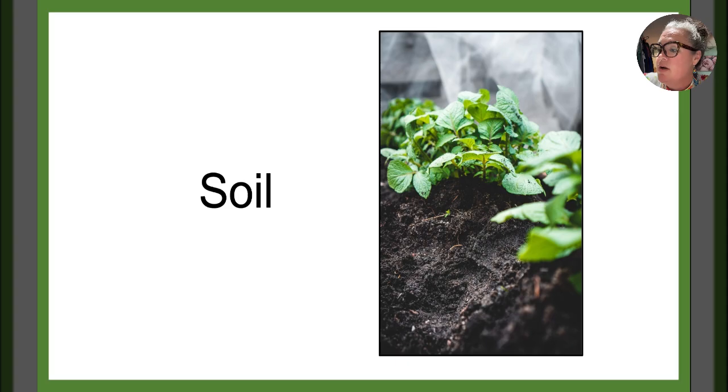Soil formation and composition. Soil is a place where the geosphere and the biosphere intersect. And so we're going to discuss this as part of your target. Your target asks you to discuss the interactions between all four of the spheres, especially in terms of how erosion and weathering really work in ecosystems.